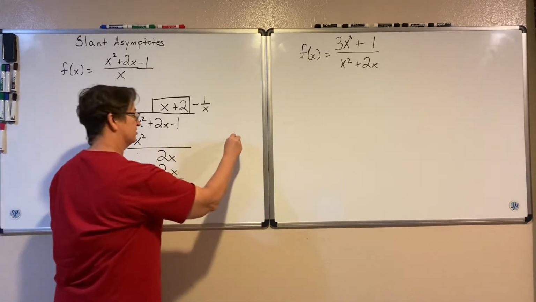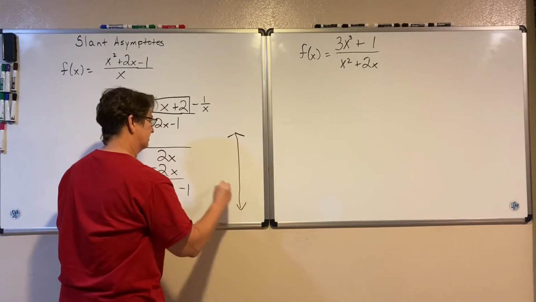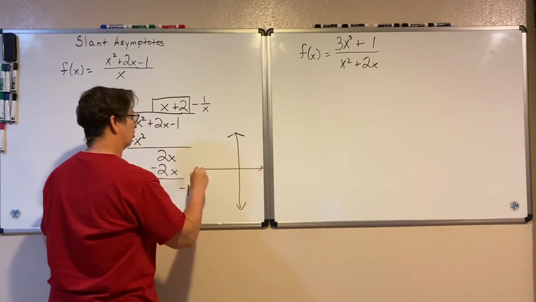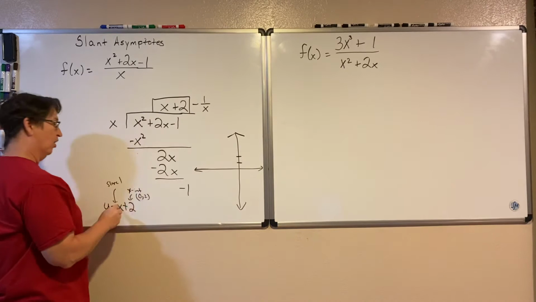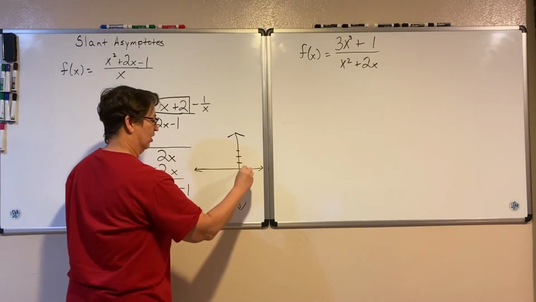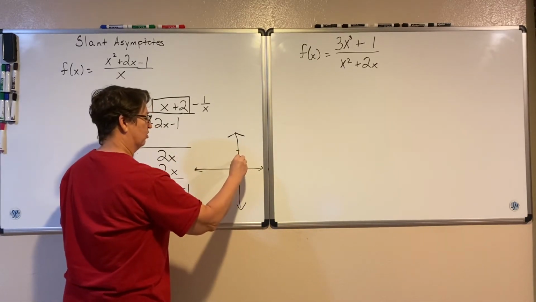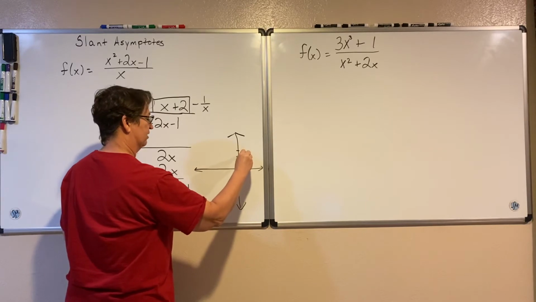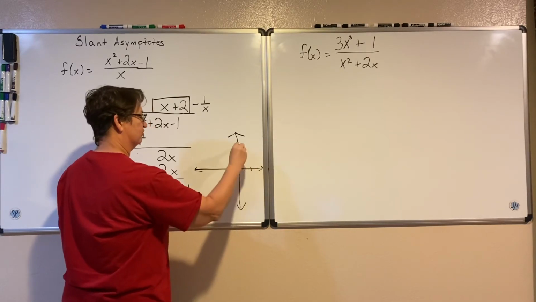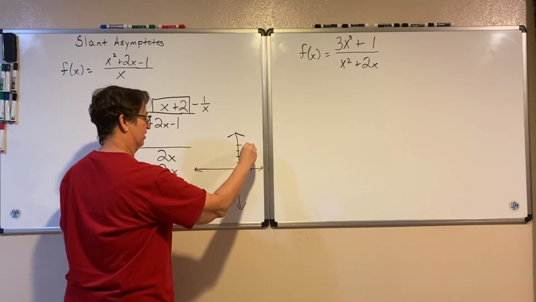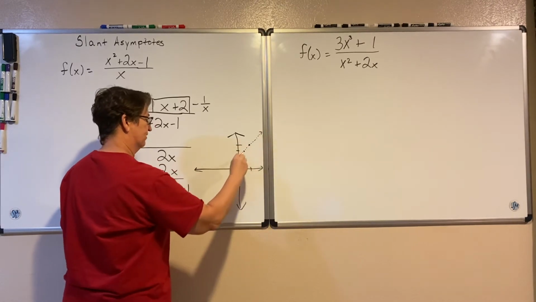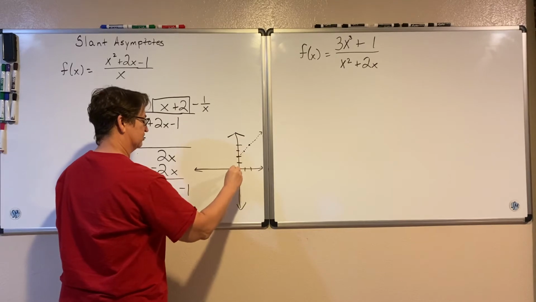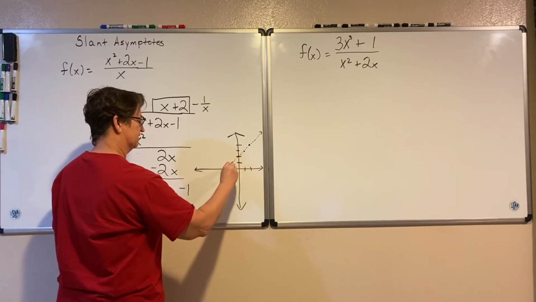So in other words, I go up to (0, 2), and I go up 1 and over 1 from that value. So up 1 and over 1, and again using that slope, up 1 and over 1, there's going to be a slant asymptote in this function that looks something like this.